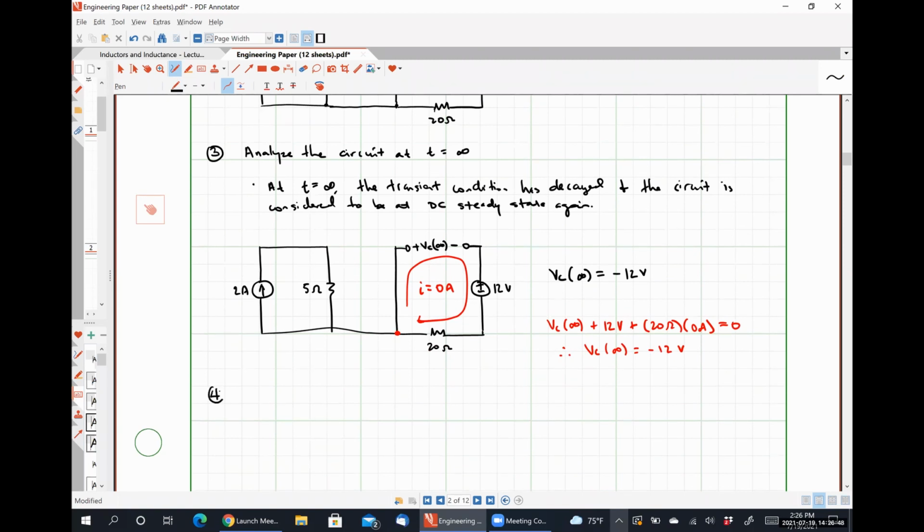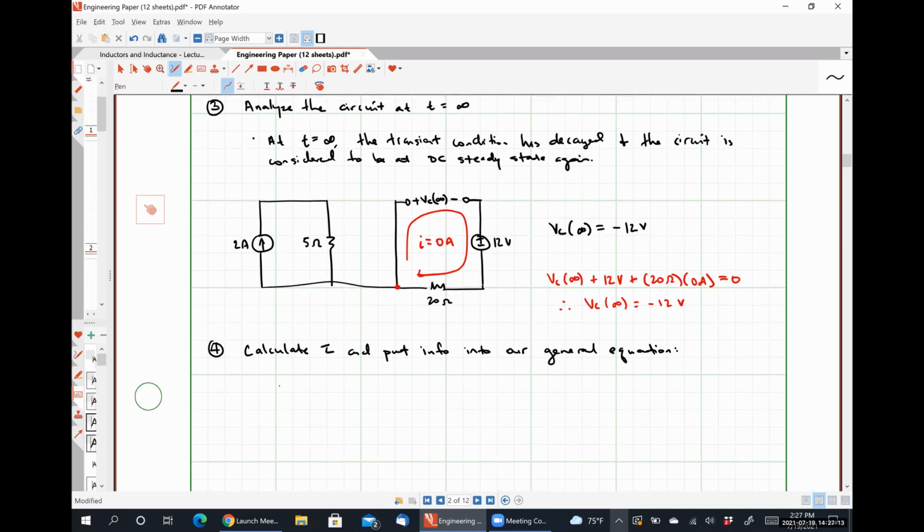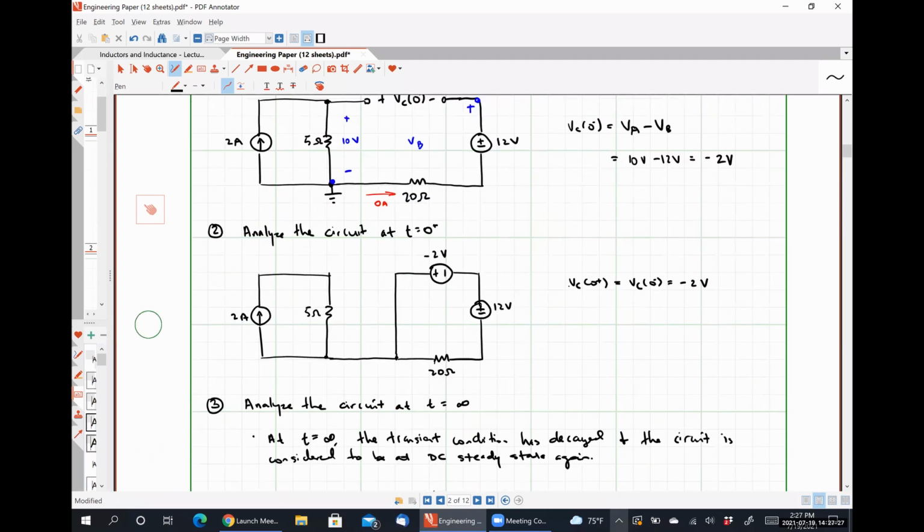So we would now calculate our time constant tau and put our relevant info into our general equation. For this particular circuit, since it's an RC circuit, tau is simply R times C. So that would be 20 ohms times 100 microfarads, I think.